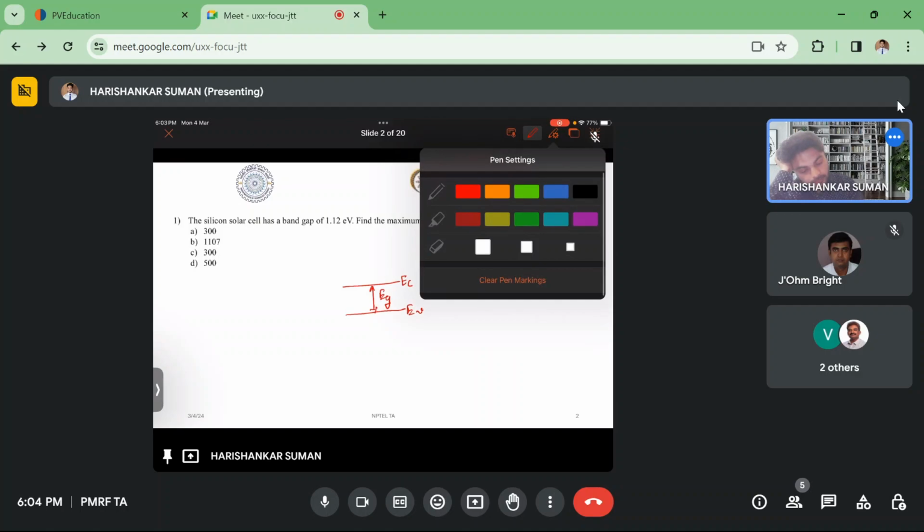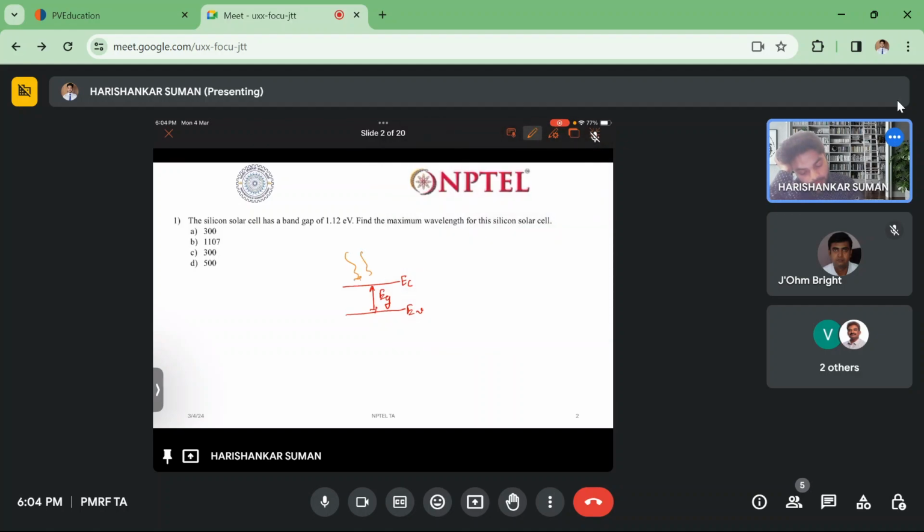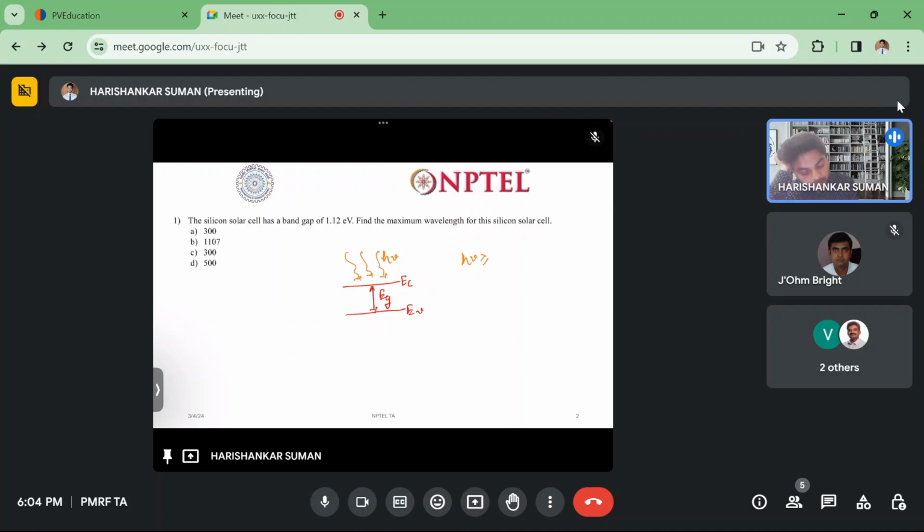If the incident photon has energy h nu greater than or equal to Eg, then only the material can absorb the light, otherwise not. So the silicon solar cell has a band gap of 1.12 eV.